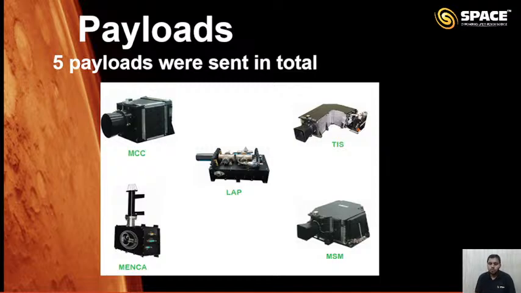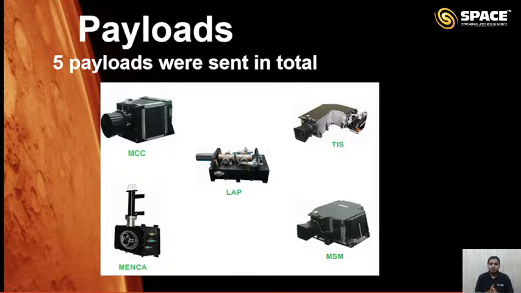So for that I sent some payloads. What are payloads? A payload can be anything that is sent with a mission. It can be an astronaut, it can be machinery, or if you wish to do an experiment, then it is your equipment. So we sent 5 payloads in total with the Mars orbiter mission.